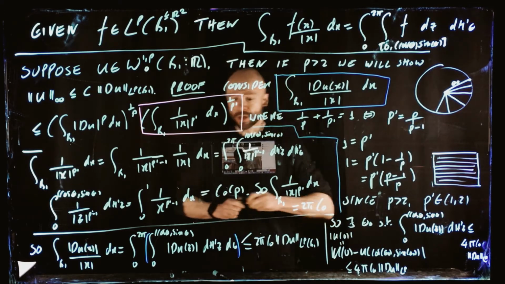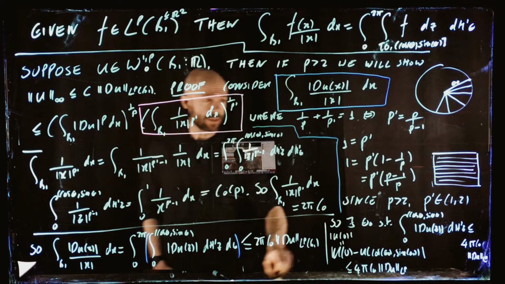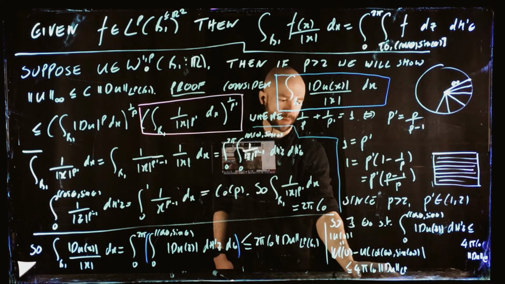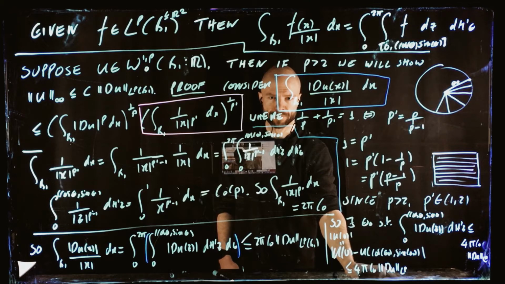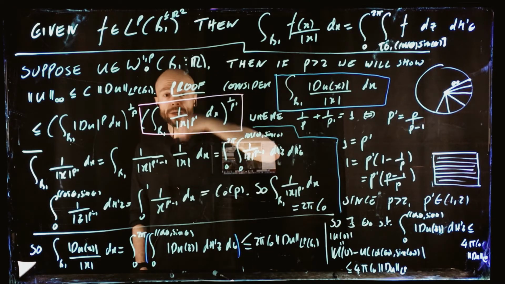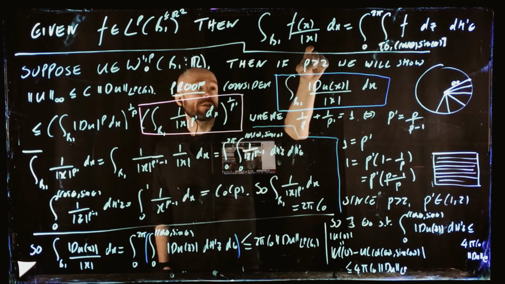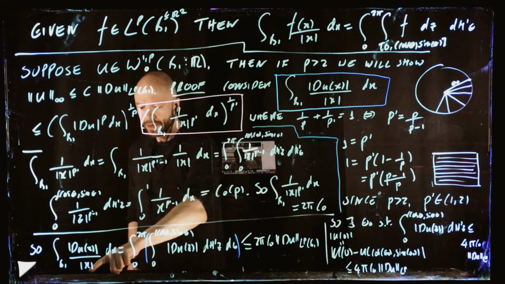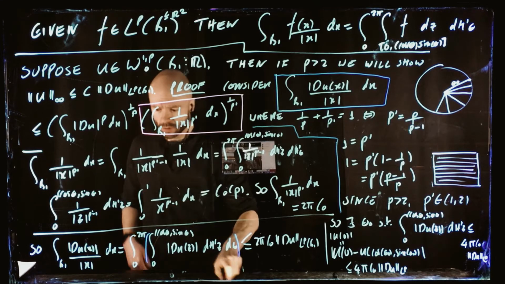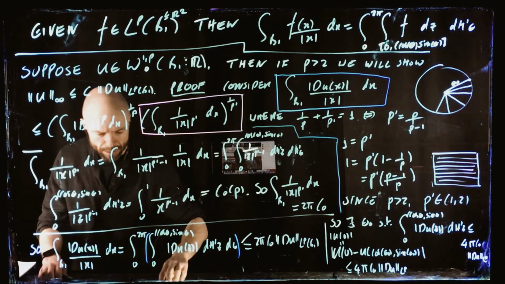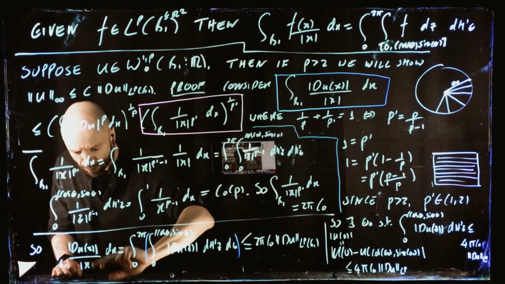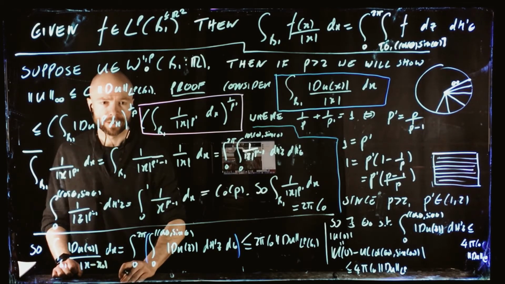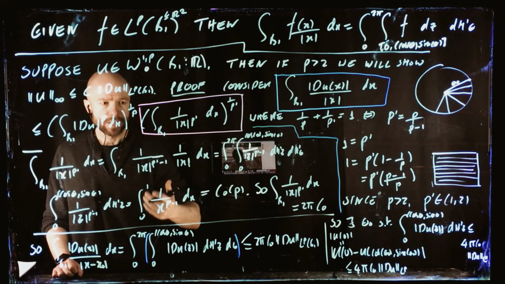So we haven't shown the full thing, because what we've shown is just that the point at the center is bounded by some absolute constant times the norm, yeah? But all we needed to do to argue this for any other point was just consider this integral here, where 0 is replaced by whatever point we want. So if we pick some other point, say x0, then every other step will still work.